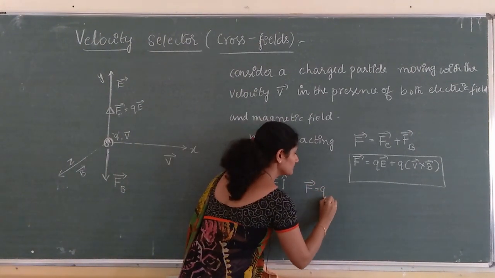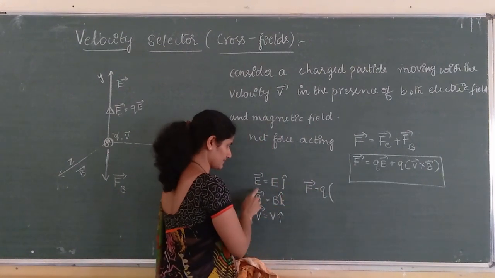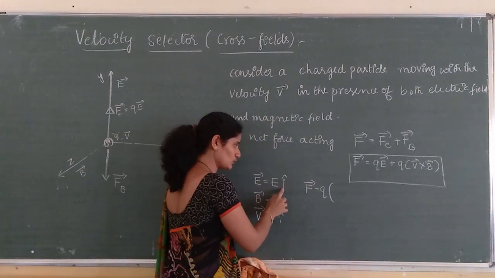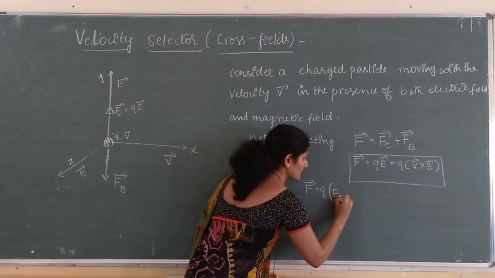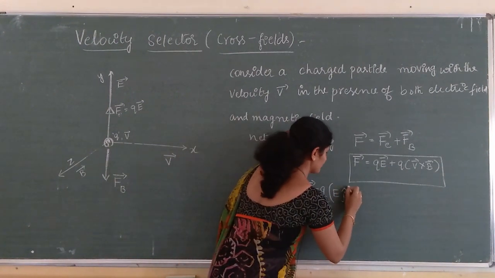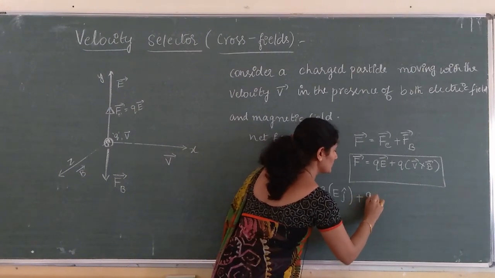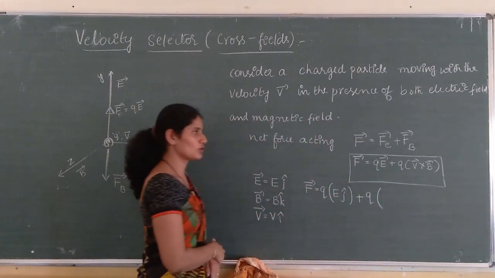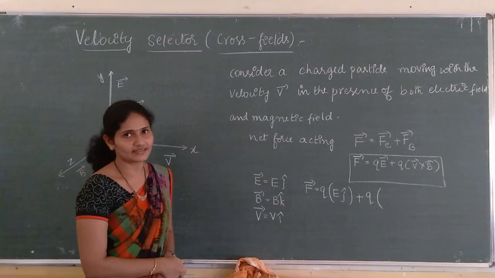Okay. Now, F vector is equal to Q into E vector. E vector is nothing but E into j cap, plus Q into V cross B, that is VB sin theta.